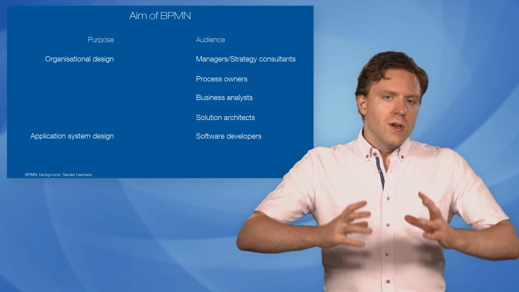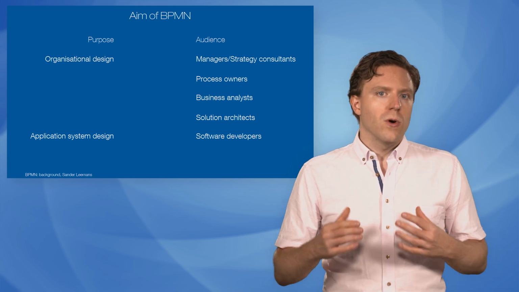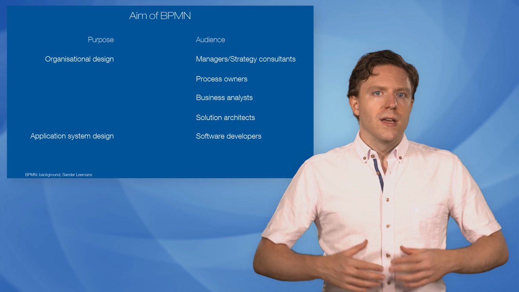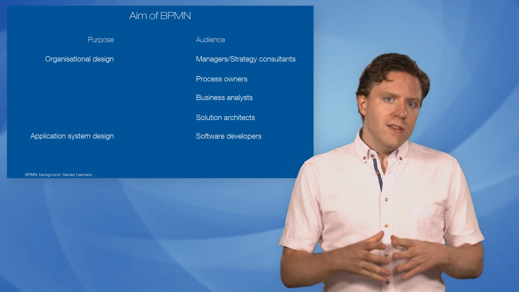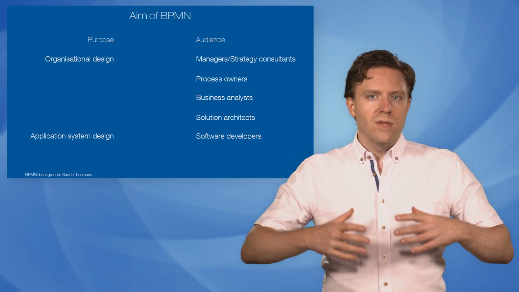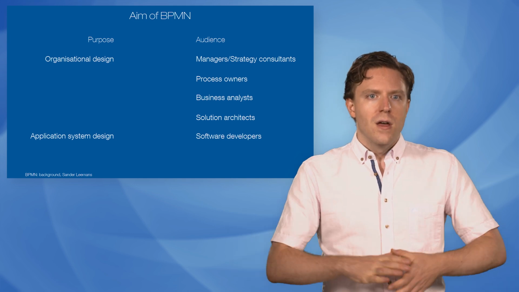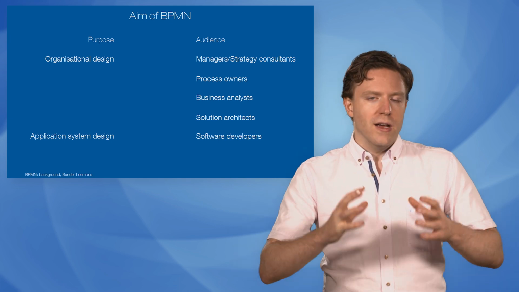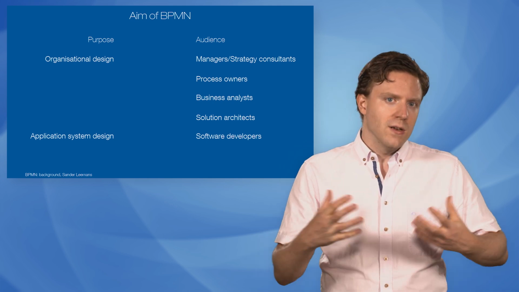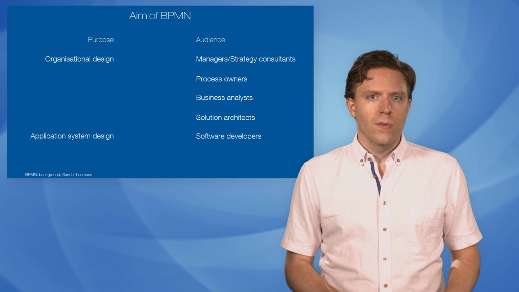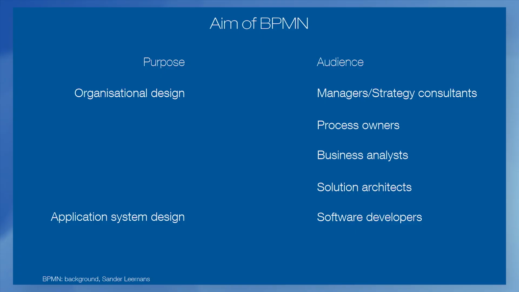So even though there is no one golden standard about what level of detail is required for which audience, we can still identify this range between very abstract on a strategic level, with very little detail, up until models that are almost suitable to throw at a computer, and then a computer can run it in a business process management system.